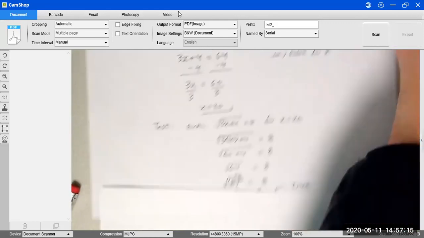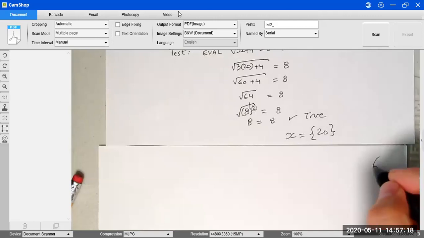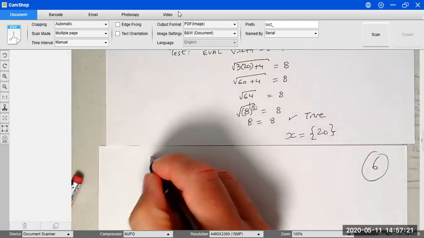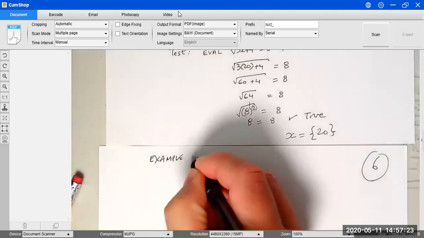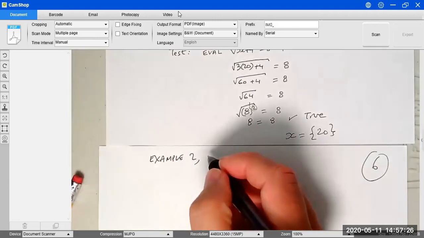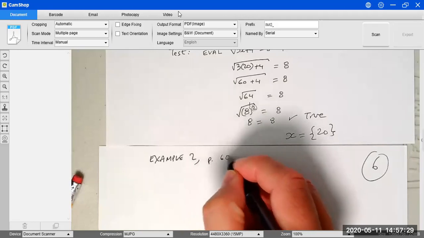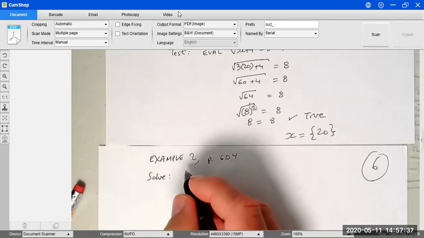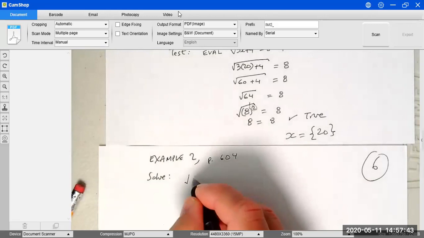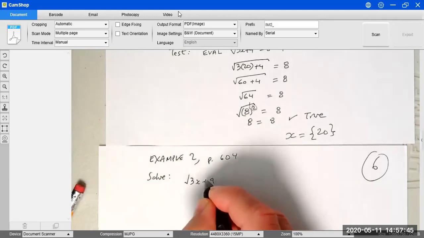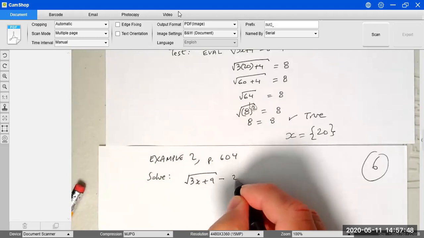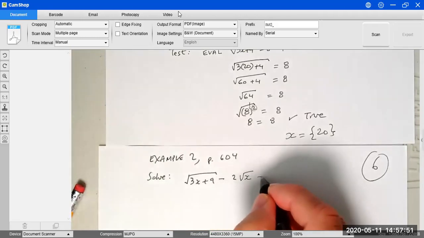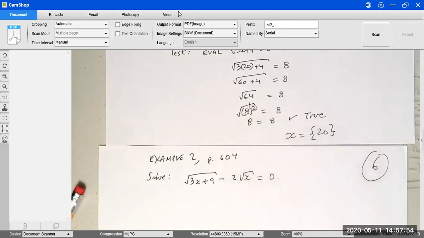So now I have example 2, on page 604. Find the solution to the following: the square root of 3x plus 9 minus 2 times the square root of x equals 0.